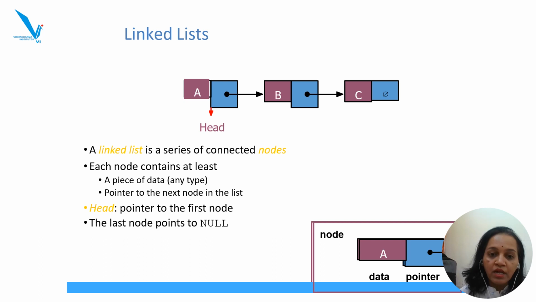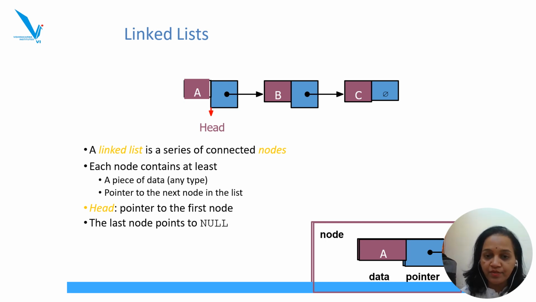Then there is one more important concept, head. Head is nothing but a pointer to the first node, right? We have to start the list, or traverse the list. From which point should we start? So there is a head pointer, and this head pointer will always point to the first node in the list. And as you can see, the last node points to null.